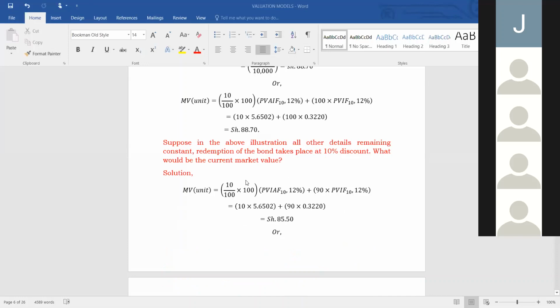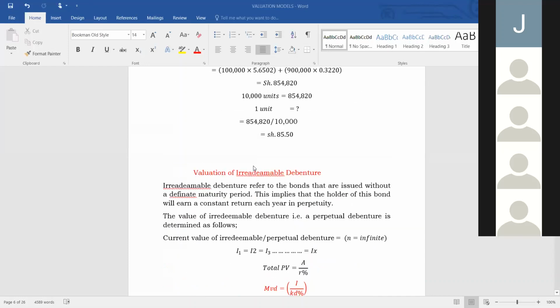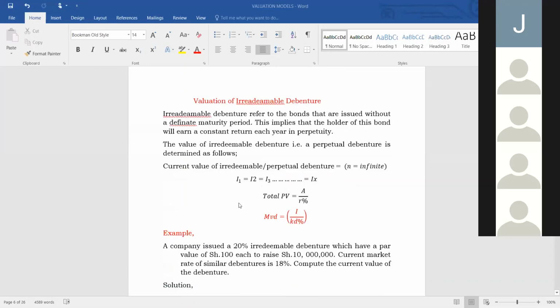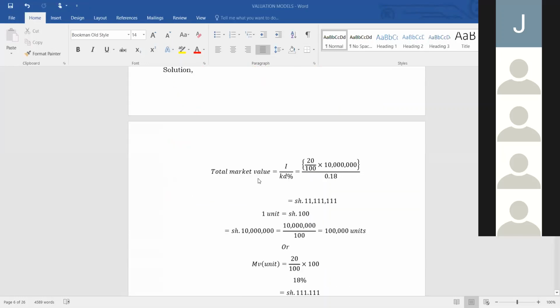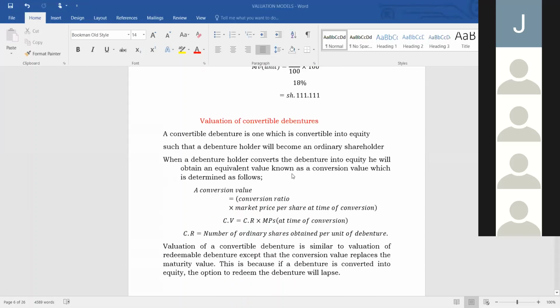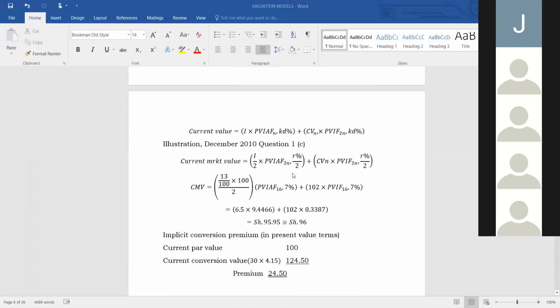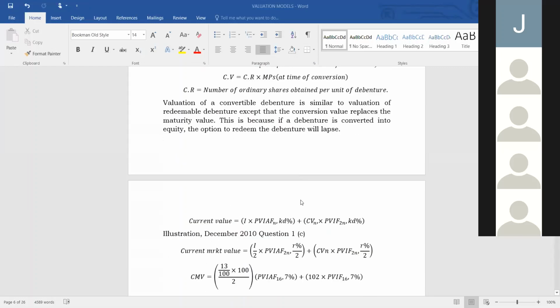Therefore, valuation of an irredeemable debenture is based on this formula: interest over Kd%, where interest is treated as a perpetual annuity. I did mention convertible bonds.